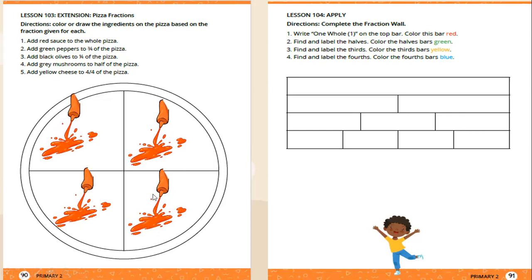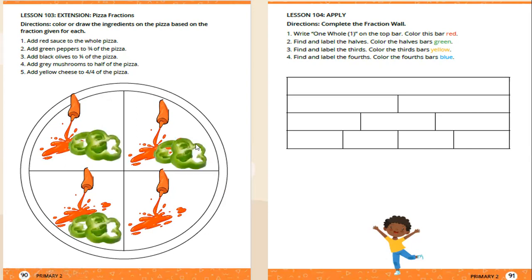I added sauce to the whole pizza. Add green peppers to 3/4 of the pizza. So I will add in 3 parts only out of 4. So I added green pepper to 3 parts only out of 4.